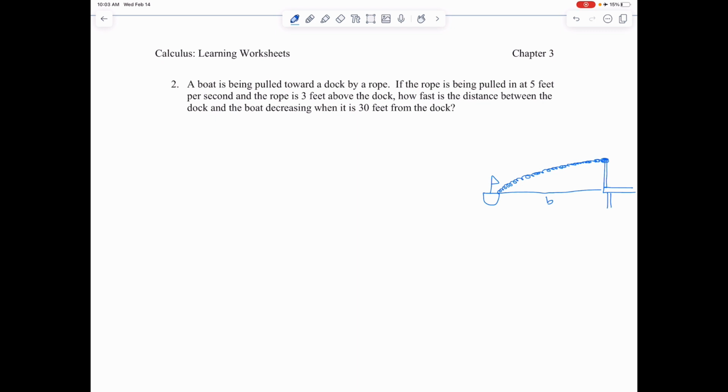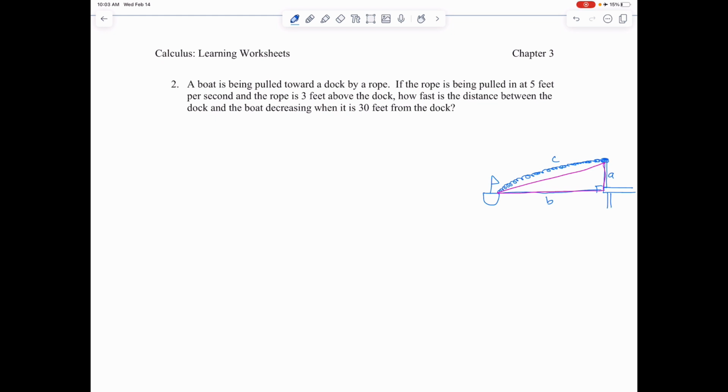So the height of the rope I'm going to label A, and then the length of our rope I'm going to label C. And the reason I'm doing that is because we have right here a right triangle, sort of. My rope is kind of doing whatever it wants. But we can solve when we have an equation. And when we create our right triangle, we automatically have an equation we can use.